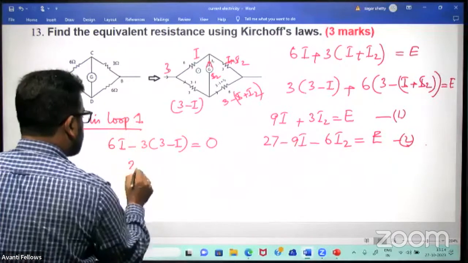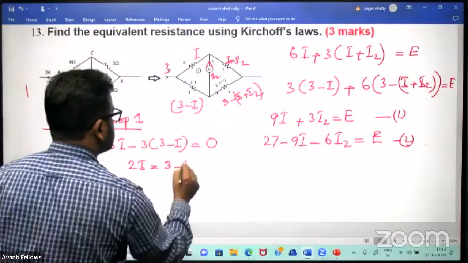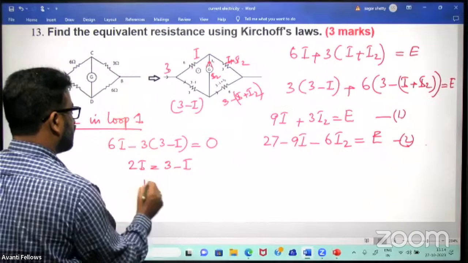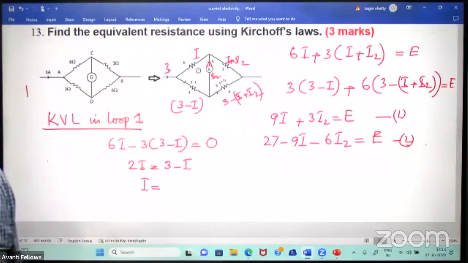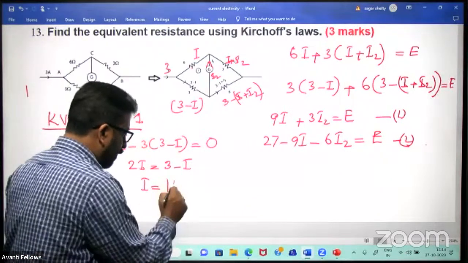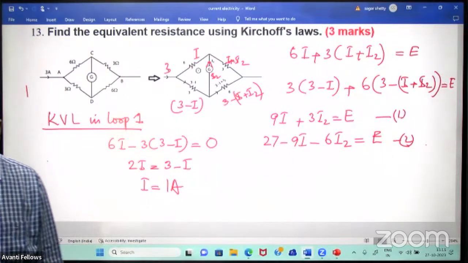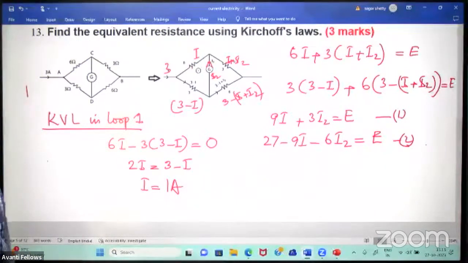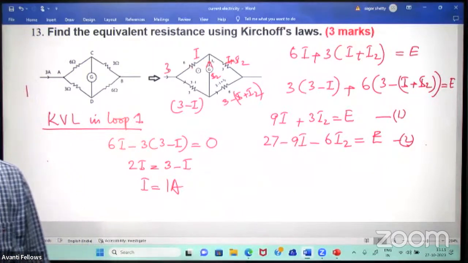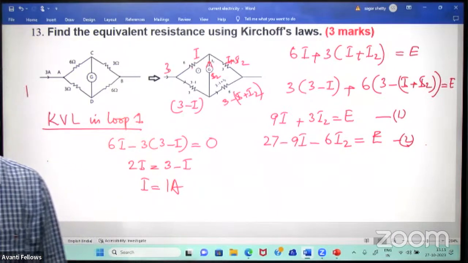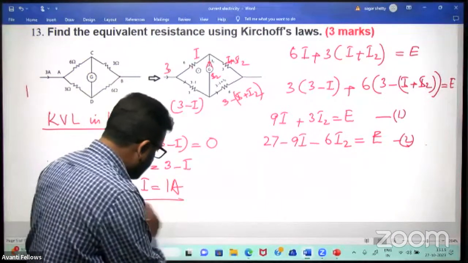Then from this we get 9I equals 9, so 2I equals 3 minus I, and the value of I equals 1 ampere. So we get capital I equals 1 ampere.